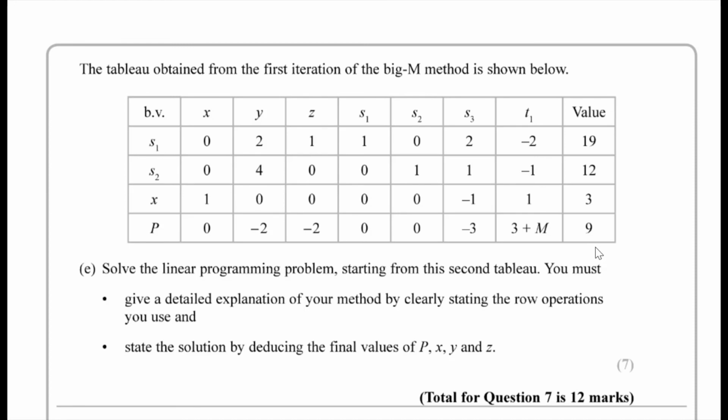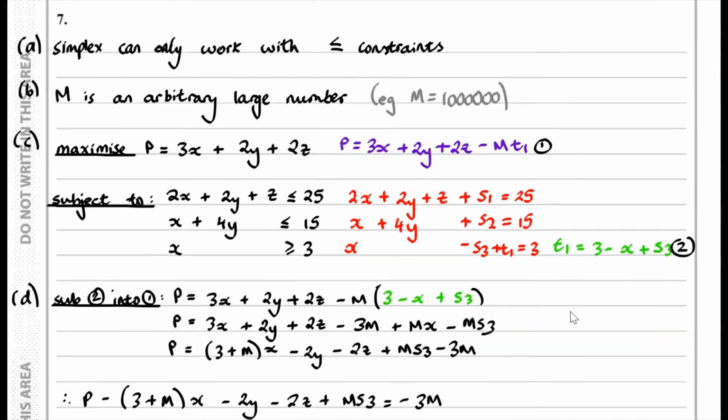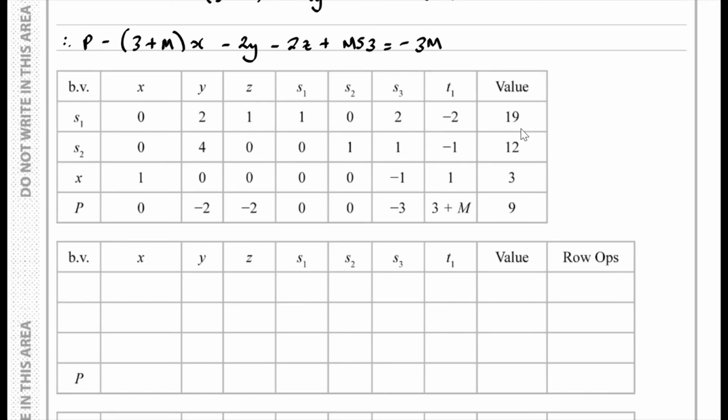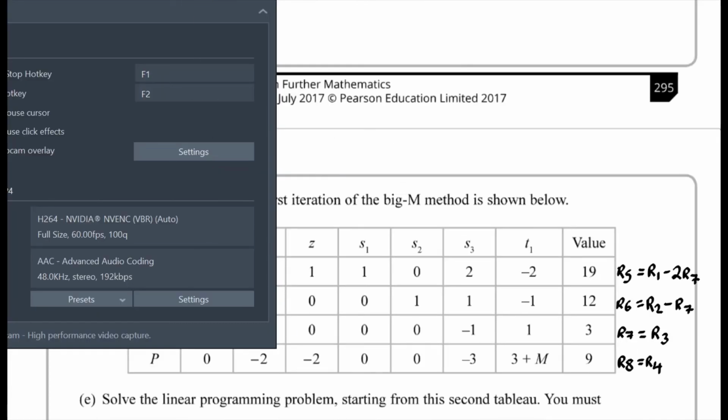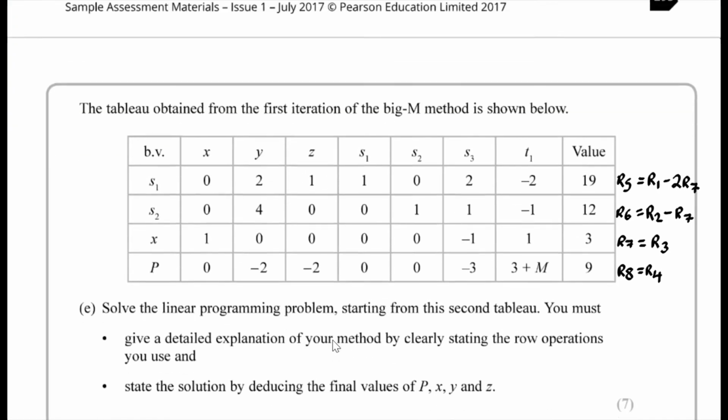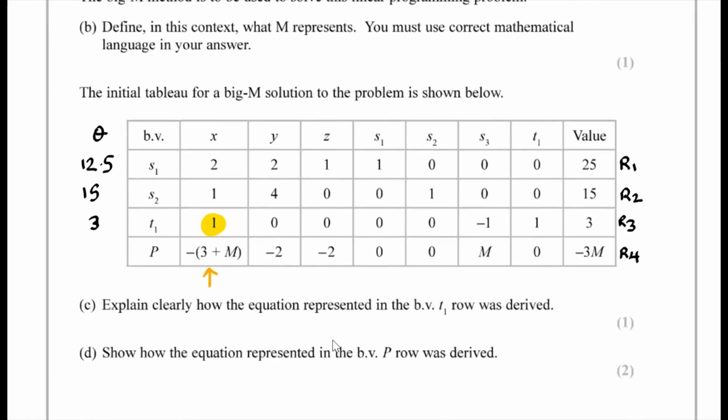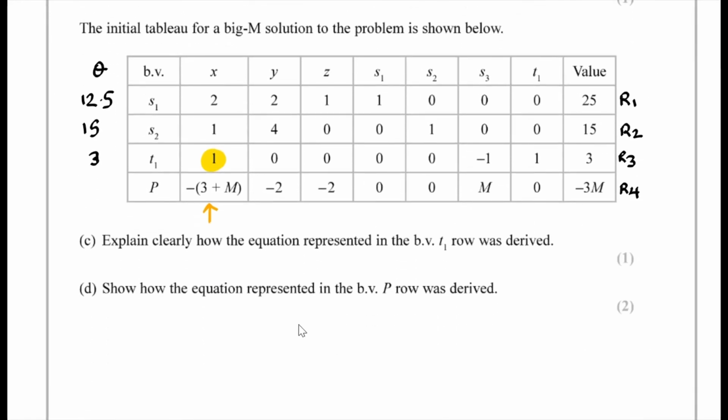So perhaps if I add these into this table here, let's just make sure I'm consistent. Essentially this, minus 3 minus m, is the same as minus lots of 3 plus m.